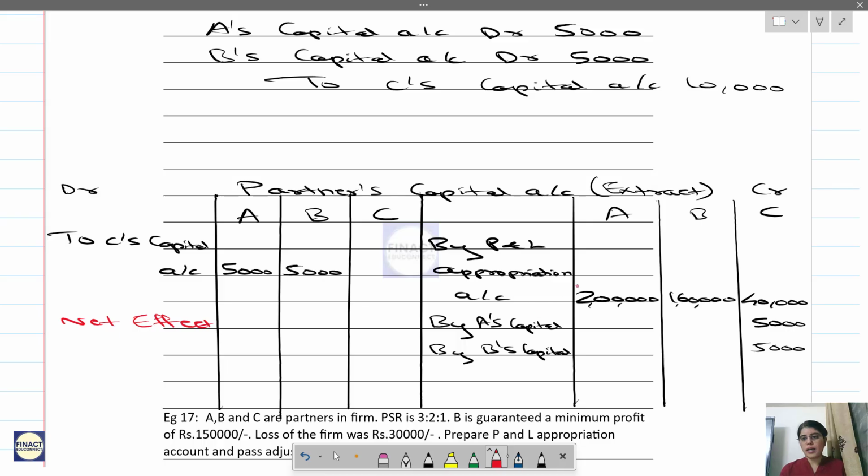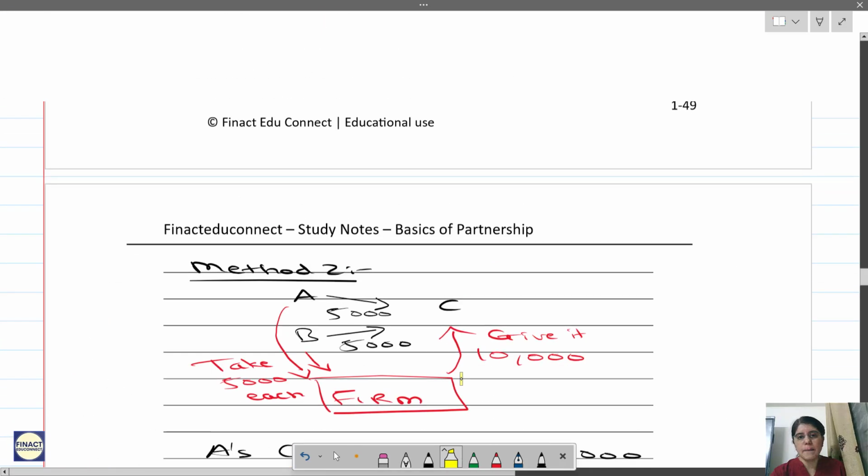So net effect in A's: credit 2 lakh, debit 5,000, so 1,95,000. B's credit side is 1,60,000, less 5,000, so 1,55,000. C is credit 40 plus 5 plus 5, so that comes to 50,000. Now if you check this net effect, 1,95,000, 1,55,000 and 50,000, this is the same as method 1.